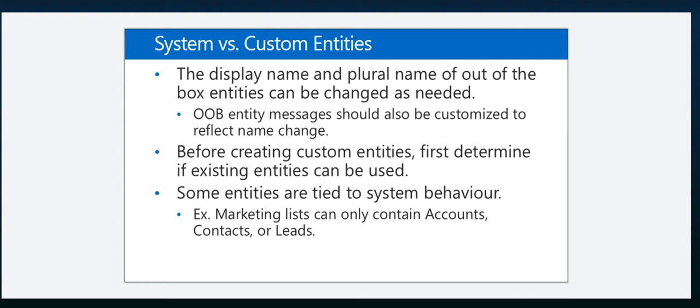And I say that meaning intended for the same purpose. I know it says on here that if an existing entity can be used, technically you could repurpose other entities in the system.